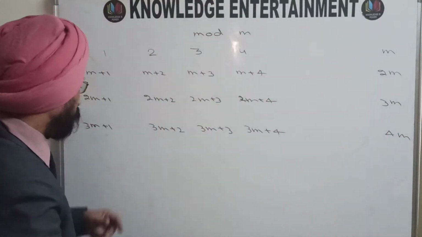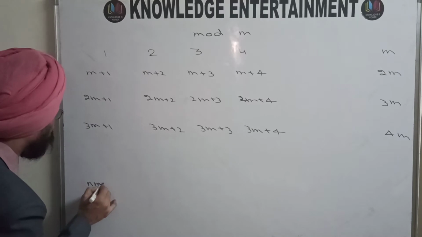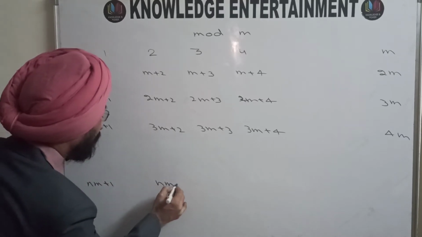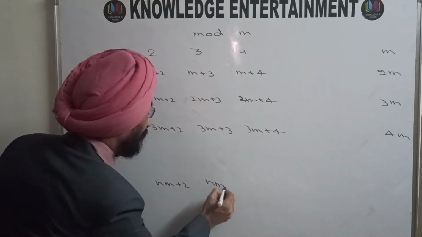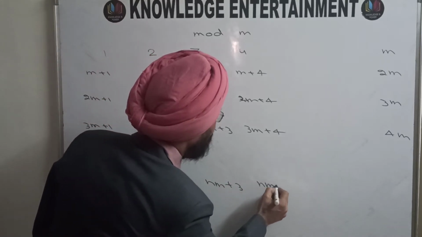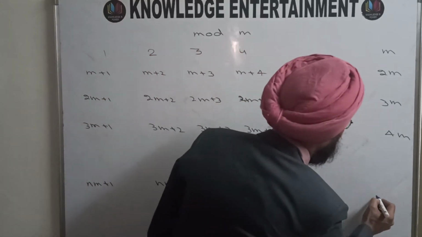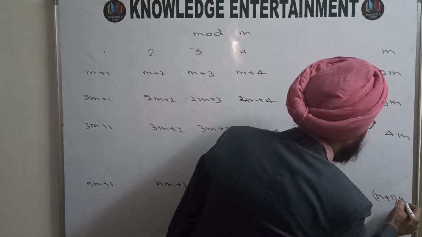At some stage you may get NM plus 1, NM plus 2, NM plus 3, NM plus 4, and so on. Here you will get N plus 1 times M.